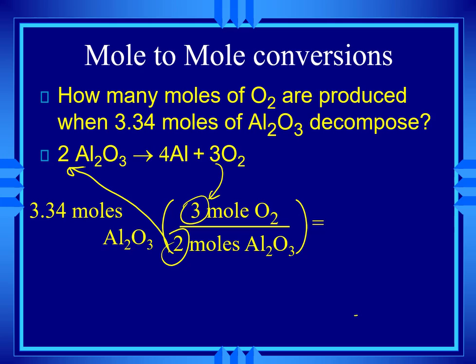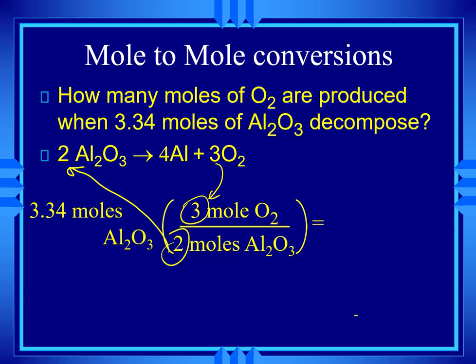Okay, so you remember numbers on top you multiply, numbers on the bottom you divide. 3.34 times 3 divided by 2. My calculator screen fills up with numbers. How many do I get to write down? Well, 3.34 has 3 sig figs. What about this 2 and 3 that I used?